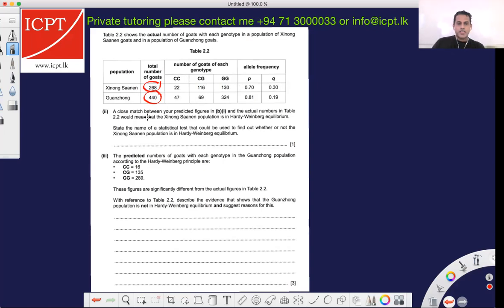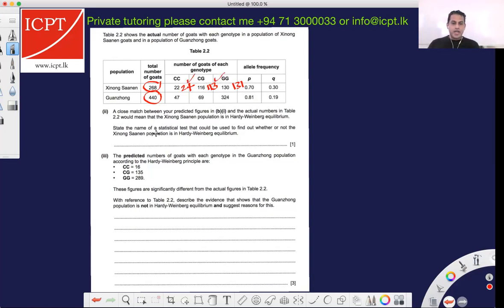A close match between your predicted figure and the actual number in table 2.2 would mean that the Xenon population is in Hardy-Weinberg equilibrium. So we found 24 and 113, and 131 was given previously.